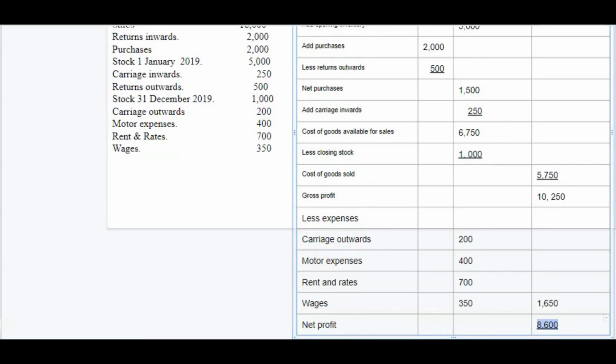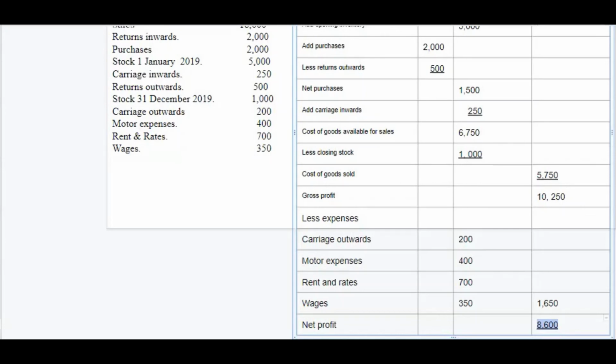Now, when you typically look at your trial balance, you will see that there are other items like your fixed assets, current assets, your liabilities, capitals, and drawings. Those items will go to the balance sheet. So your fixed assets, current assets, capital, liabilities, and drawings will be used to prepare the balance sheet.